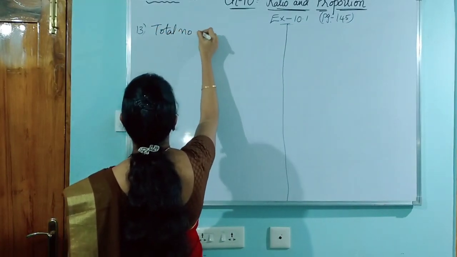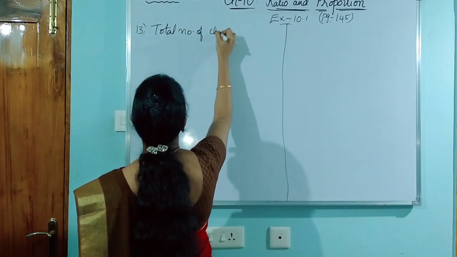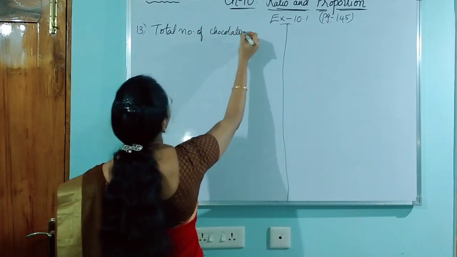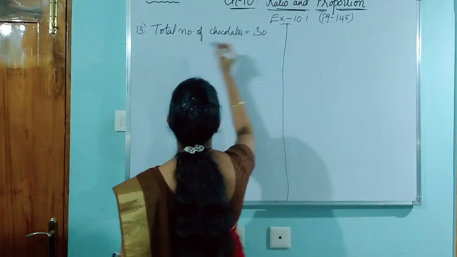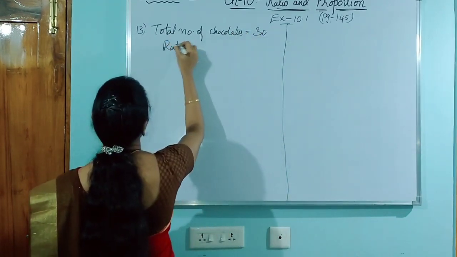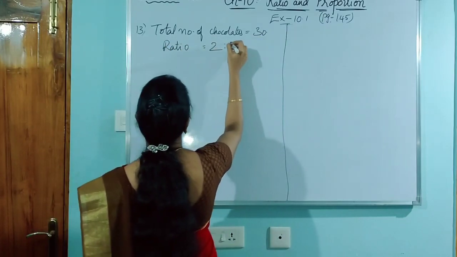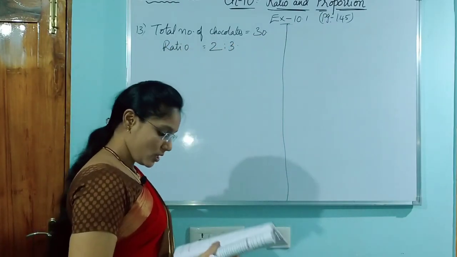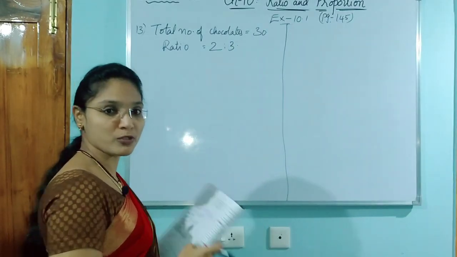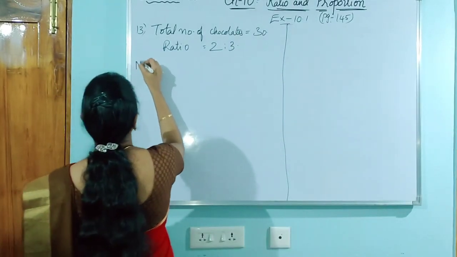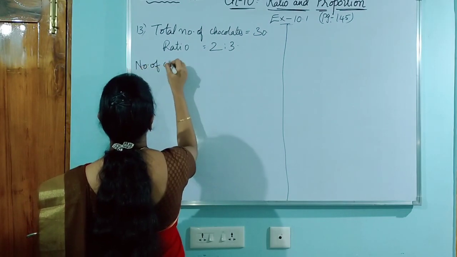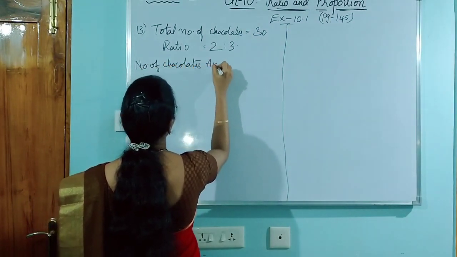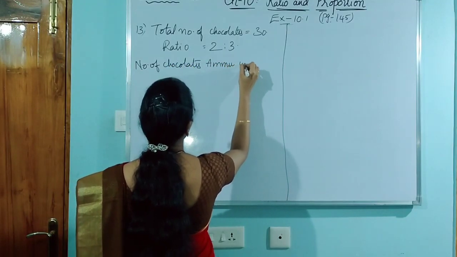Total number of chocolates is 30, ratio 2:3. Now with the help of these two we are going to find out how many chocolates Ammu will get.